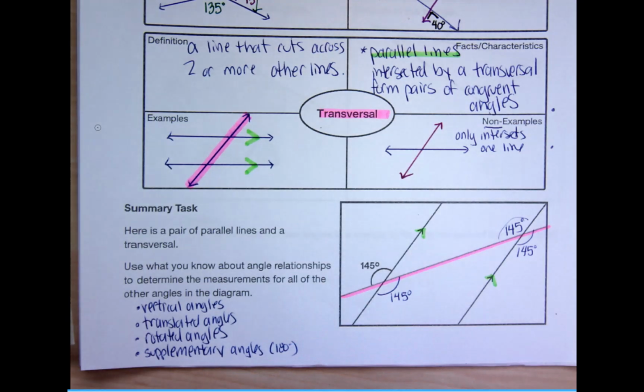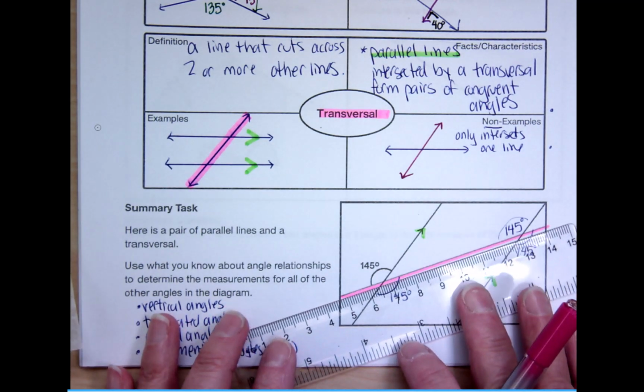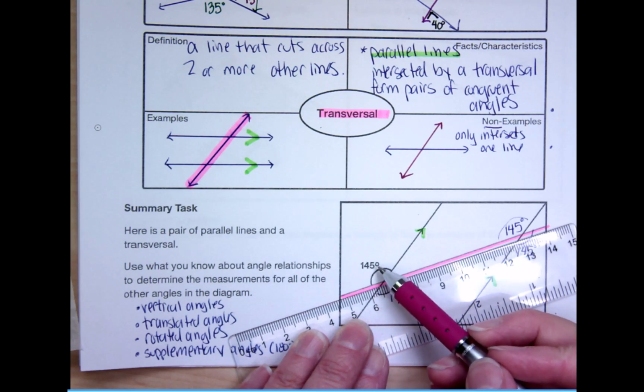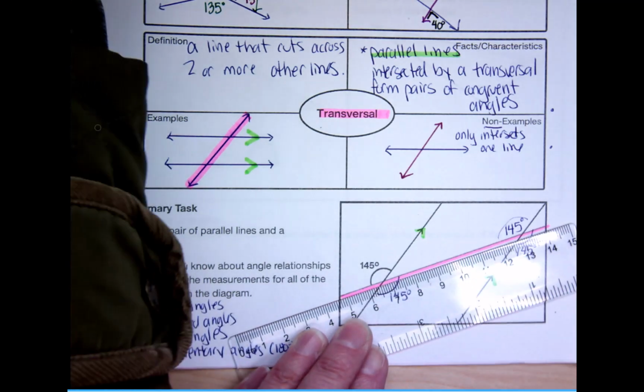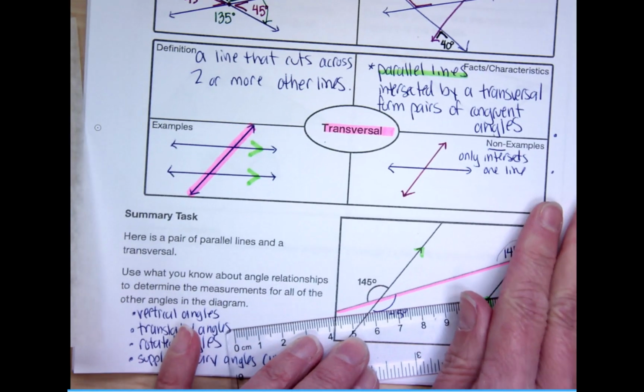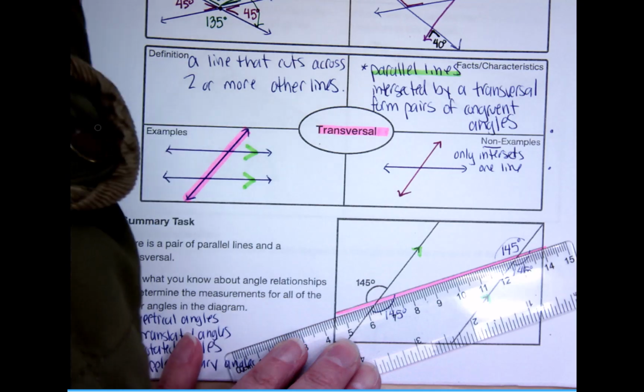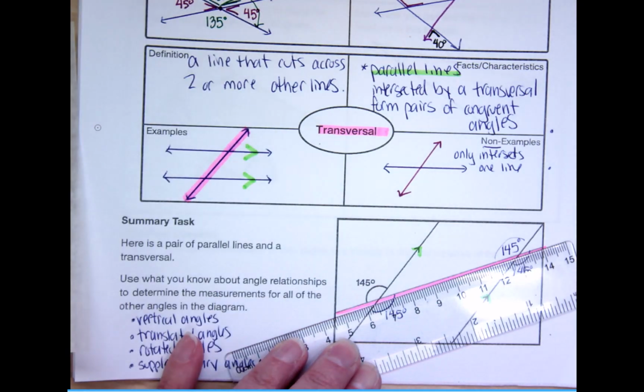We can use what we know about supplementary angles. Let's just focus on this 145-degree angle. I'll get a different color here, for our purple. There it is.